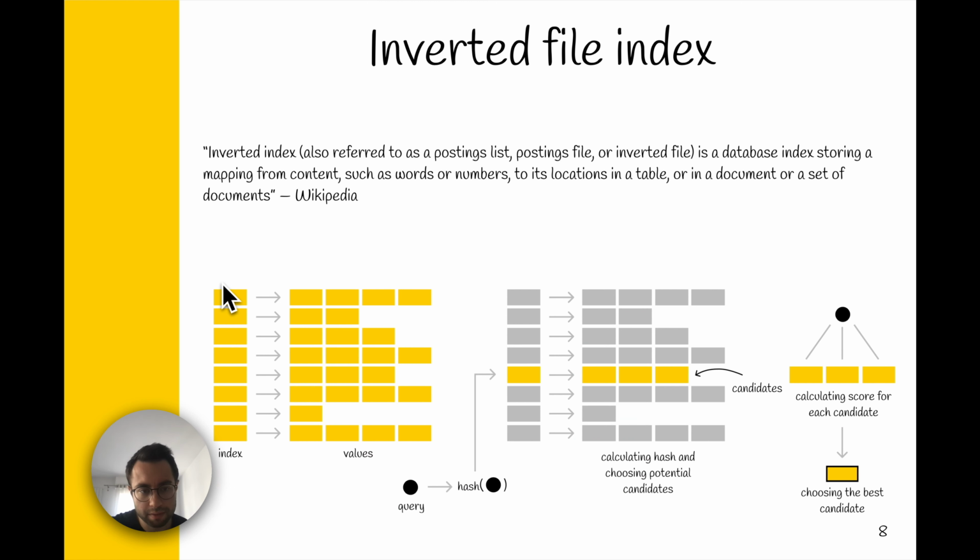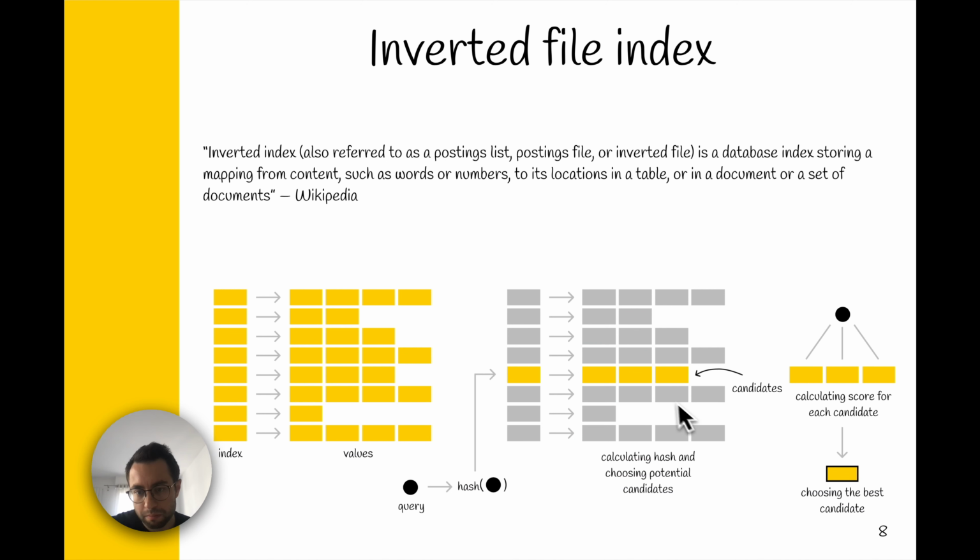Here on the left we have a set of indexes where each index points to a set of values from our dataset. What we want to develop is a structure that will allow us to take a query as input and apply a hash function to it that will point to one of the indexes in this table. Then, given the mapping between index and values, we will point to a set of candidates that might contain an answer to our query.